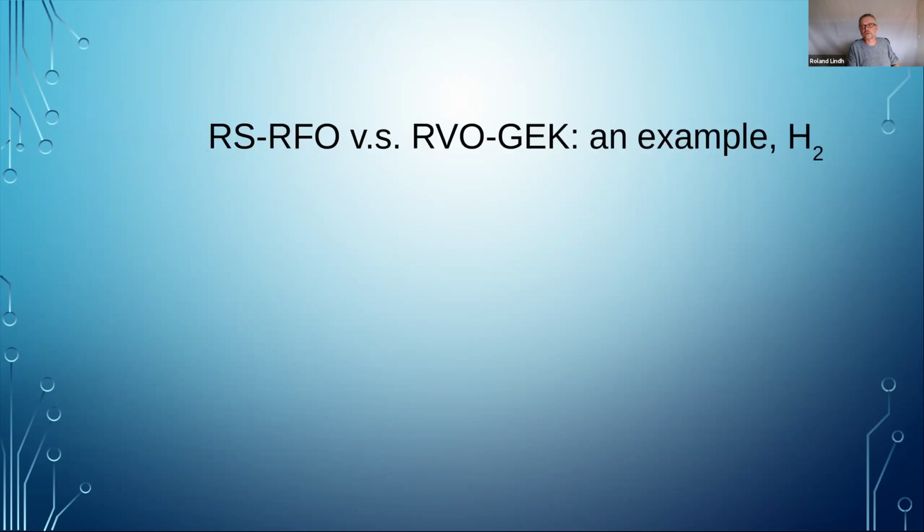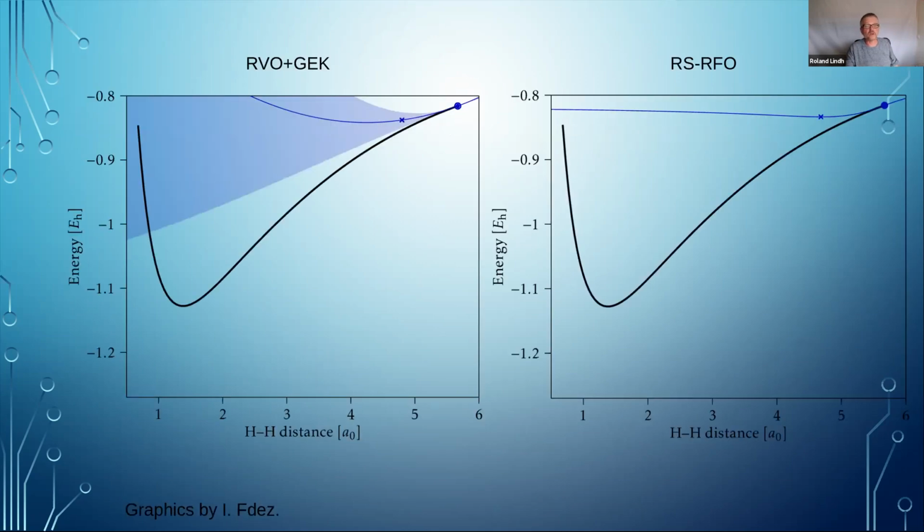Let me show you briefly an example of the difference between an H2 optimization with a conventional method and the new method. Here on our right we have the conventional method, and here on the left we have the restricted variance optimization. In solid here, you have the true surface, and in blue, you have the surrogate model.